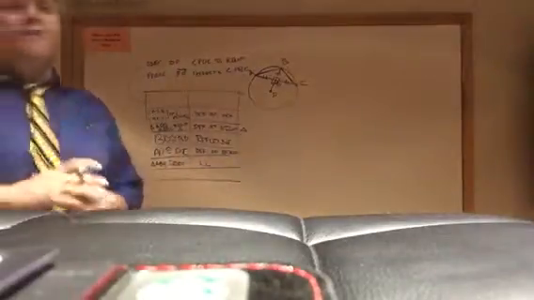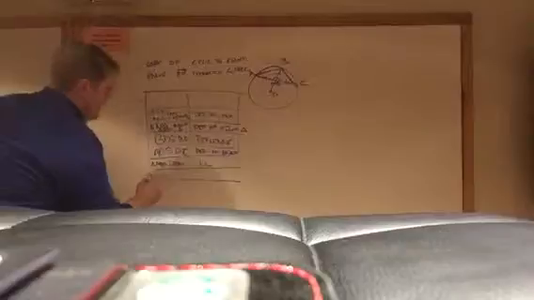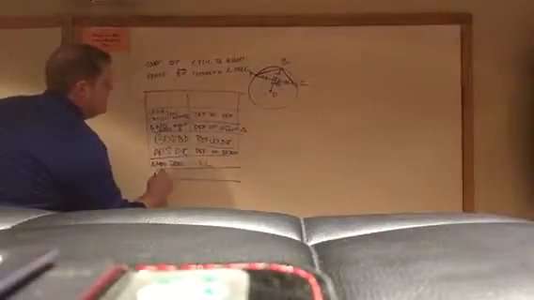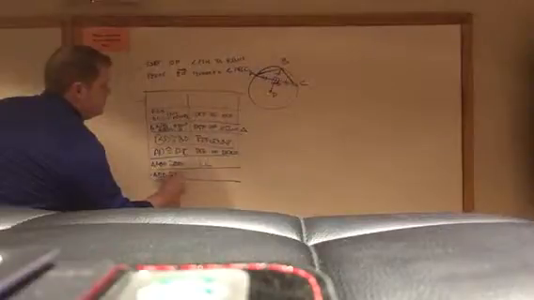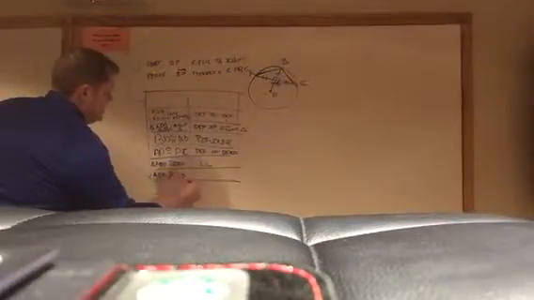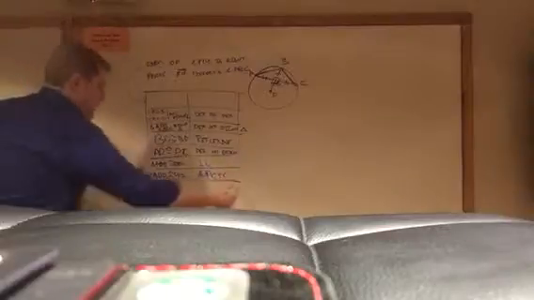So, if the legs are congruent, class, then the angle ABD is congruent to angle CBD. Why? CPCTC. Now, last step. We're almost done.